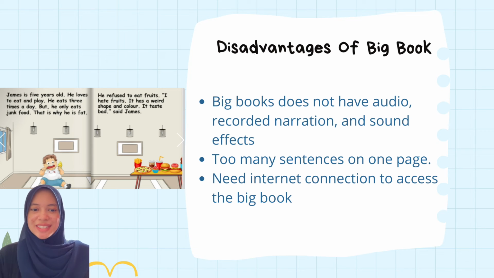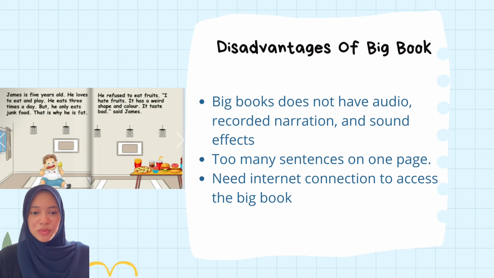The next point is that the big book needs an internet connection to be accessed. Unfortunately, traditional books we can bring everywhere, anytime and anywhere. But for a big book in electronic form, we have to have an internet connection. Besides, we have to have electronic materials such as an iPad, smartphone, or laptop.